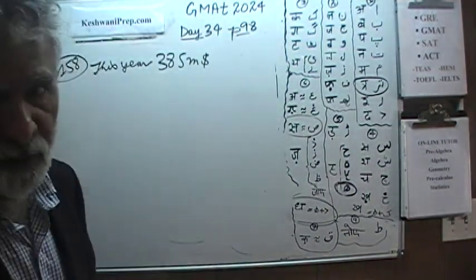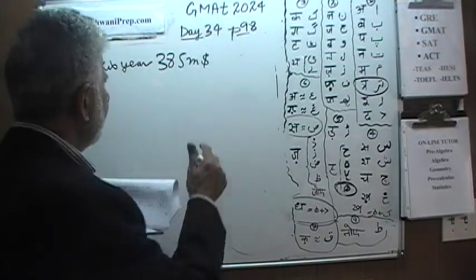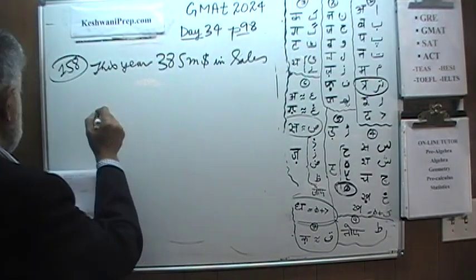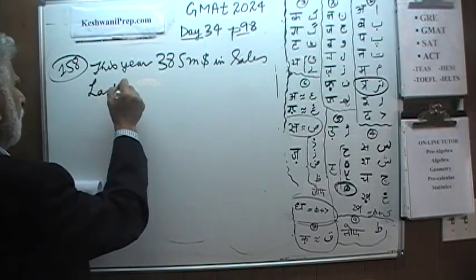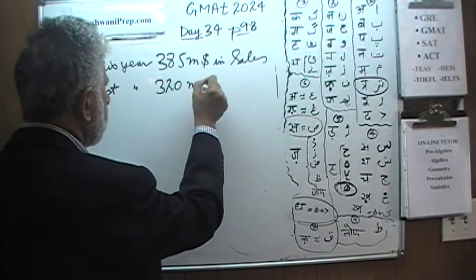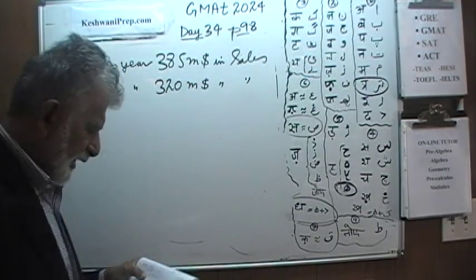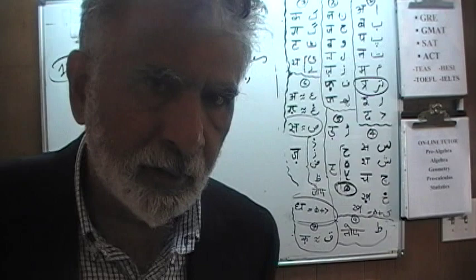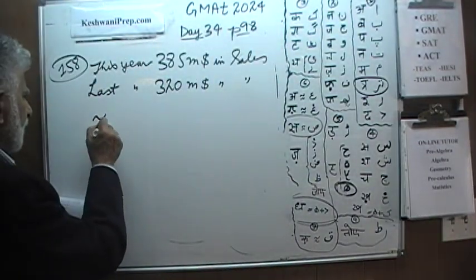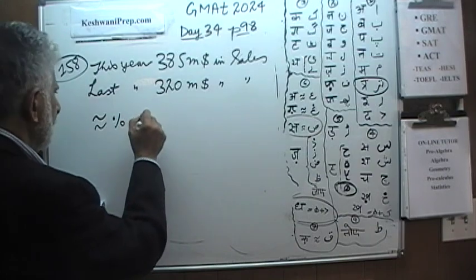Whether it's profit or sales, it really doesn't matter in this problem. Last year we are told that we had sales of $320 million. The question is very straightforward. What is the approximate percentage increase?